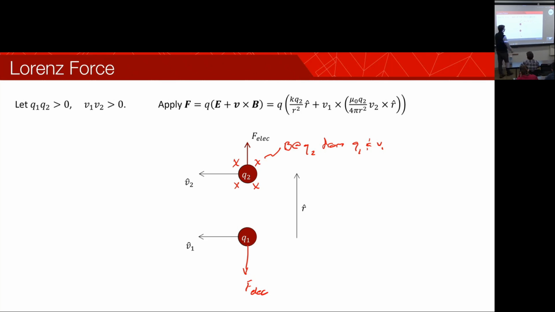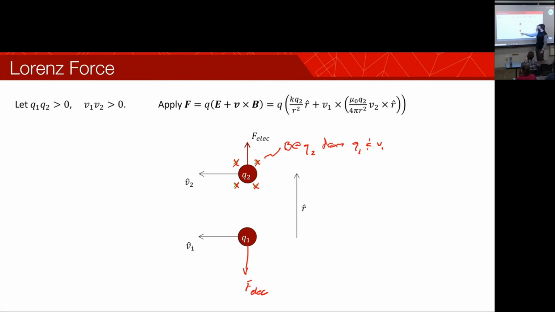And let's say that they're both moving in the same direction. Then the magnetic field produced by Q2 is produced because it's a charge moving with a velocity. A charge moving causes a magnetic field.